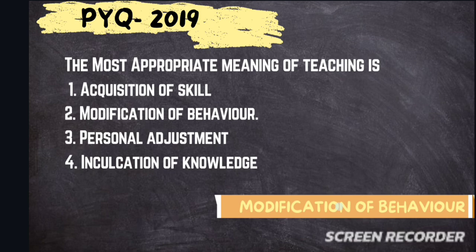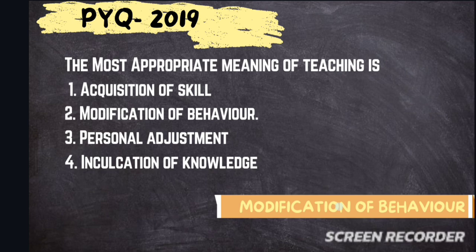Acquisition of skills: that's true. Modification of behavior: that is also correct. Personal adjustment, maybe. And inculcation of knowledge: yes, this is one of the objectives, inculcation or imparting of knowledge.